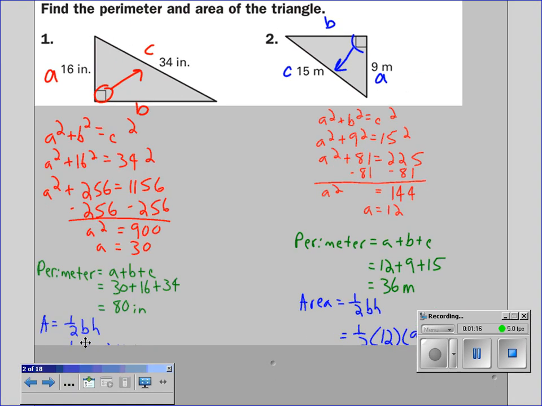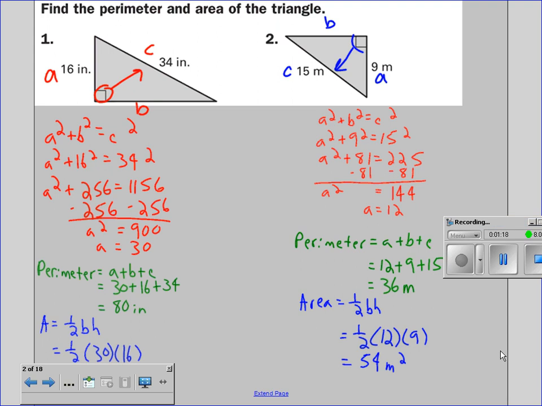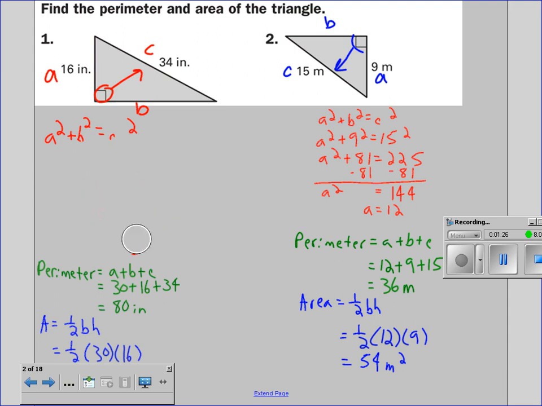In the first one, we let A be 16 and B be the long leg. So if A is 16 and B is the long leg, we say 16 squared plus B squared is equal to 34 squared.